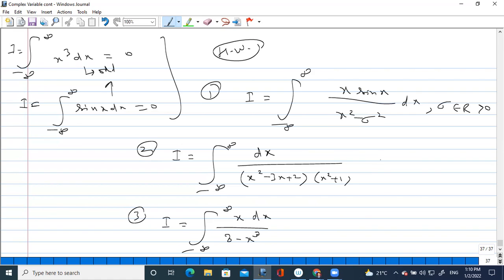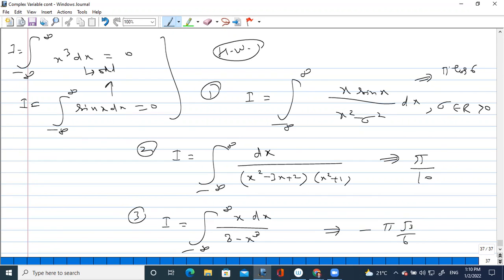I will give the answers. For this the answer is pi by 10. For this the answer is minus pi root 3 by 6. And for this, pi cos omega, pi cos sigma.